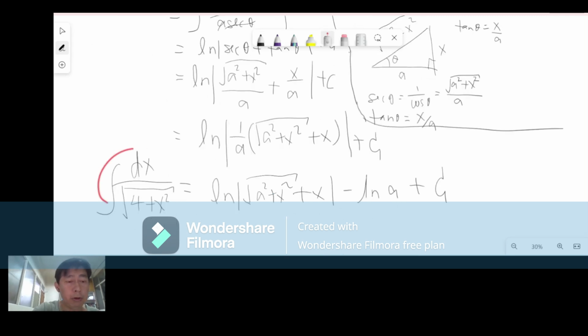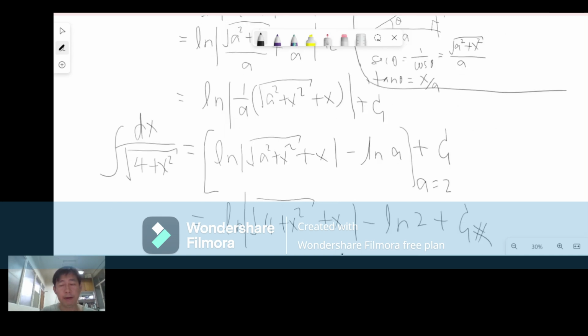So I write down the original integration on the left hand side. A here should be replaced by 2, so I use this symbol, a equals 2. And that is the final expression for the integration of 1 over the square root of 4 plus x squared.